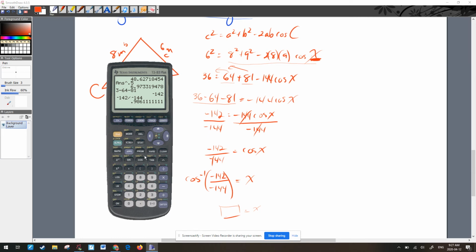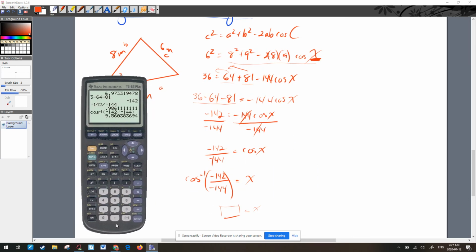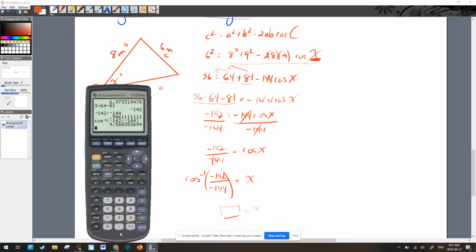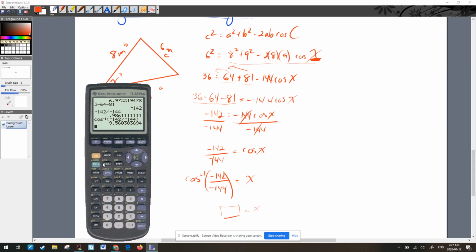So we just say second function cos inverse of negative 142 divided by negative 144. And as long as that's inside brackets, we're good to go. I type that in, and we find out that that is 9.56 degrees. And so we're good to go on that. We get that it is, of course, 9.56 degrees.